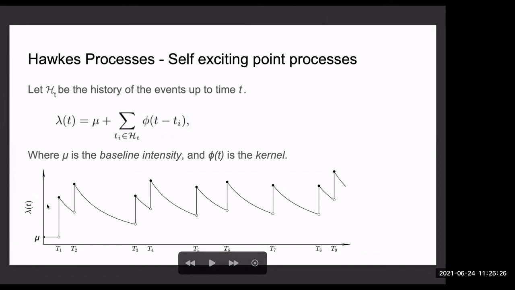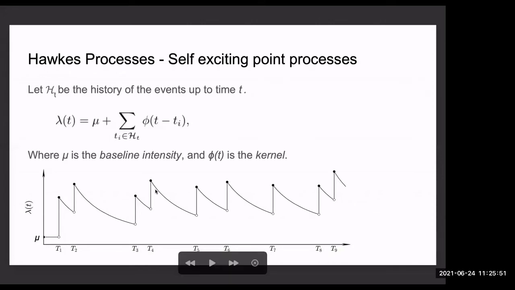Let's look at this basic example. Here's the baseline intensity, mu, and then here we have the first event happening. Then the intensity spikes, and then it starts to decay a bit, and then another event happens, and it spikes again. So every time something happens, the probability of a new event happening increases.